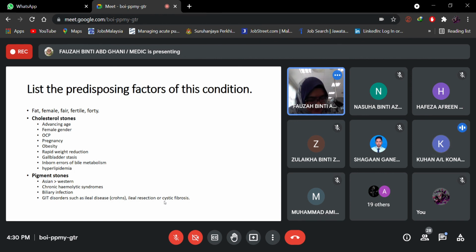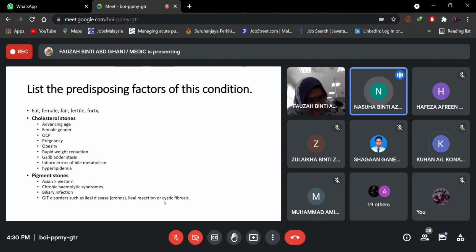Because the path is blocked by the gallstone. Okay. So why is it inflamed? I'm not sure of that. Anyone can help? Cohen?